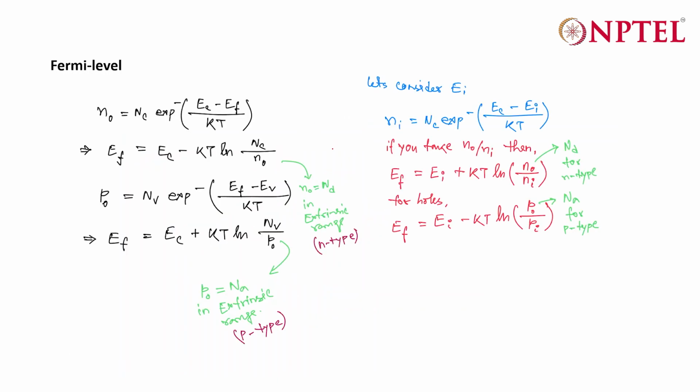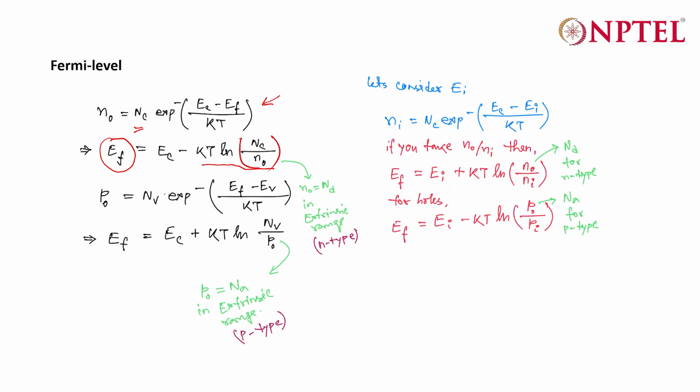Now let us see where the Fermi level will be. If we consider the intrinsic semiconductor case, you can write N0 is equal to Nc exponential minus Ec minus Ef by kT. From here you will get the expression for Ef, which is equal to Ec minus kT ln Nc divided by N0.